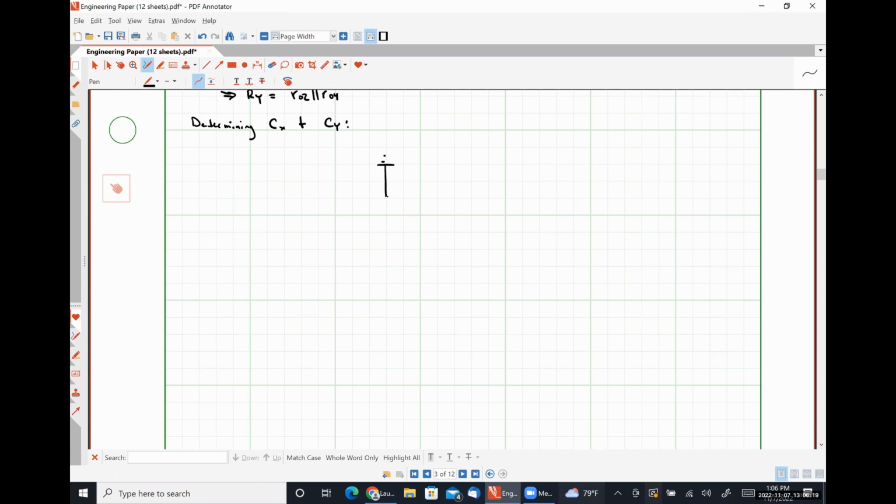So I'm redrawing my circuit, giving myself enough room to do some things here.